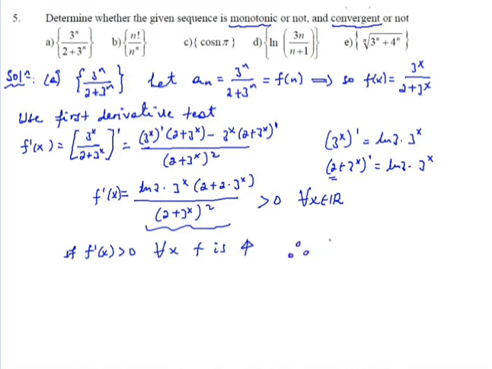Therefore the sequence 3 the power of n over 2 plus 3 the power of n increasing sequence ነው ማለት ነው. increasing ከሆነ ደግሞ monotonic ነው እንላለን ማለት ነው. This sequence is monotonic.